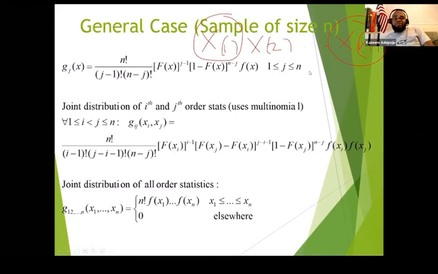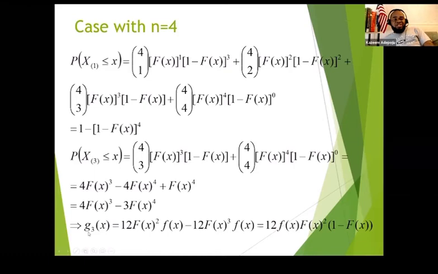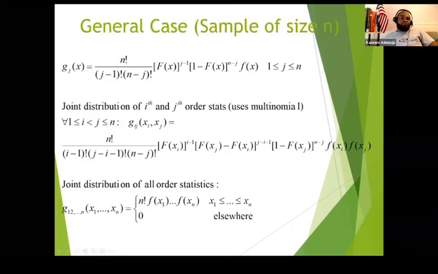Which means for 1 you're going to have x1, and for n you're going to have xn, and there's going to be a particular xj in the middle. So what we are trying to say here is that x3 is in the middle of the minimum and the maximum. That is what we have right here for the j, right?